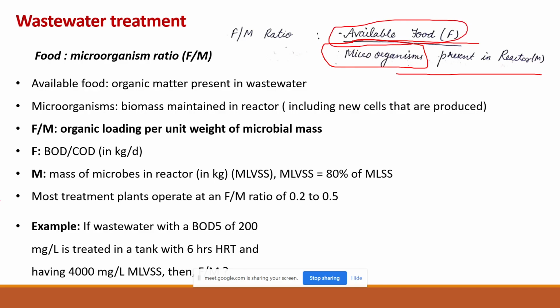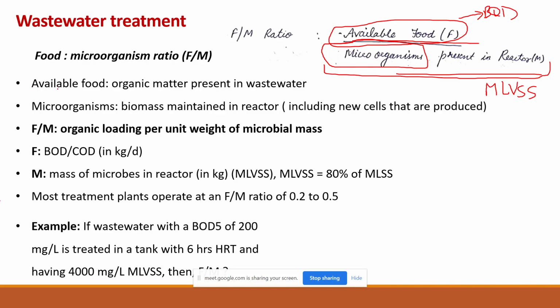So available food will be the organic matter. In other terms, available food is BOD, and we discussed that microorganisms are indicated by MLVSS. Right? So this was already briefly discussed in the last session.